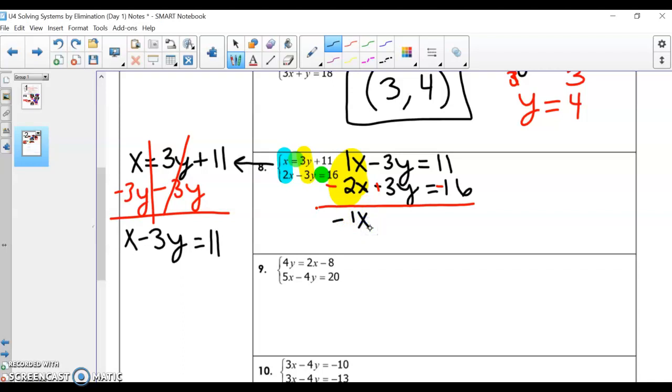Looking at the 3's here, okay, -3 and 3. Let me get rid of all the highlighting, otherwise you guys might get confused. Okay, so these turned out to be -1x.